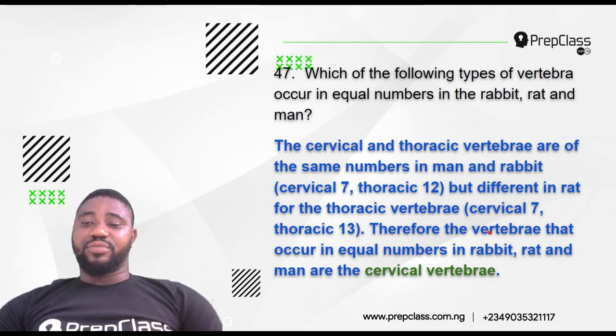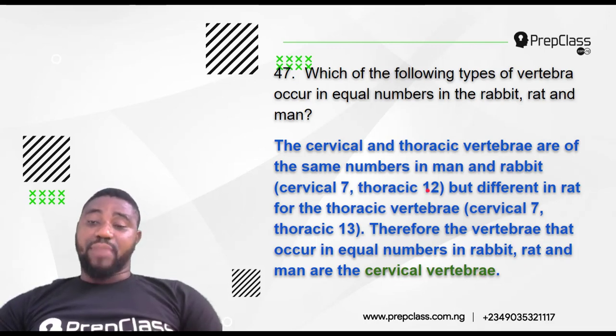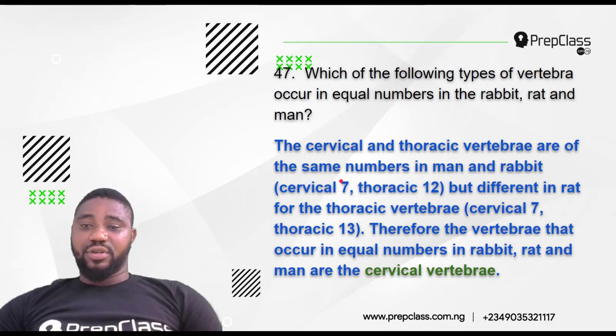Therefore, the vertebrae that occur in equal numbers in rabbits, rats, and man are the cervical vertebrae. Man has 7 cervical vertebrae, rabbit 7, rat 7.